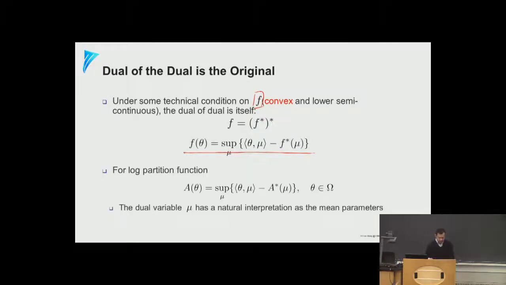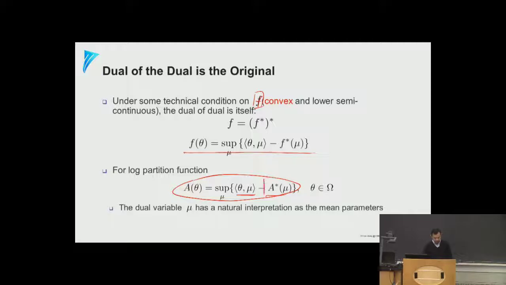So now let's assume that our function of interest is the log partition function A. Then you can establish the following relationship. The log partition function now can be defined not as a summation over all the configurations of the distribution, but as a solution to this optimization problem, where you have one term that is the inner product of the dual pair, and the other term is the conjugate of the original function.